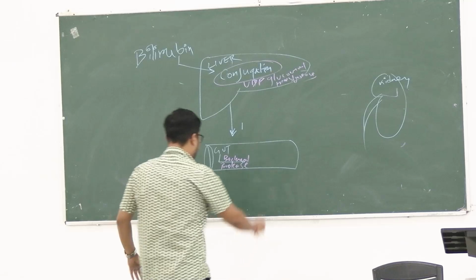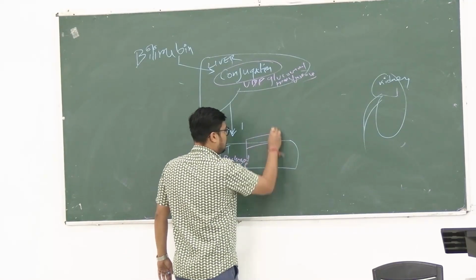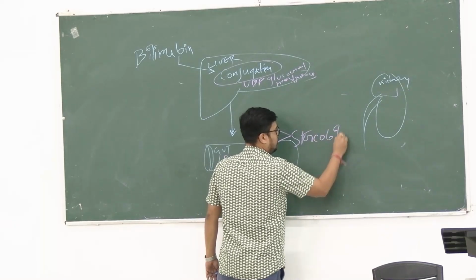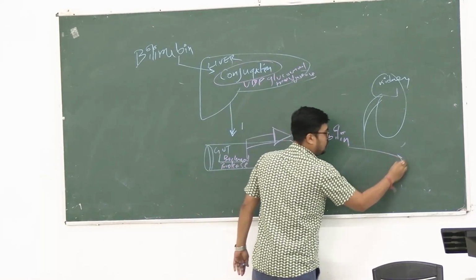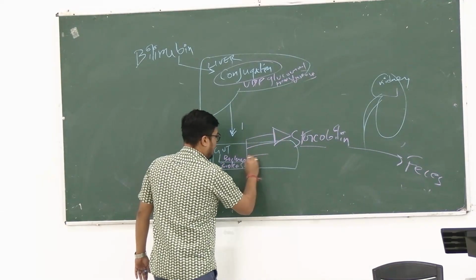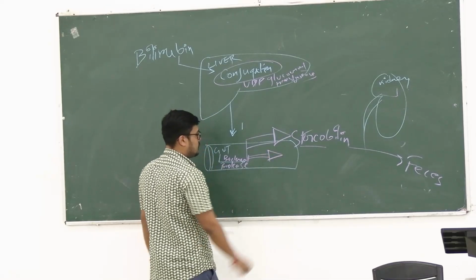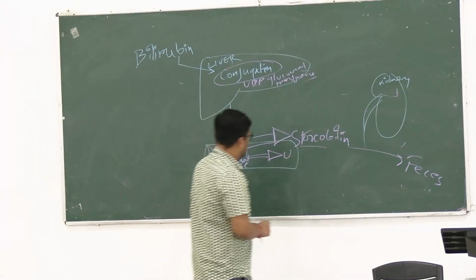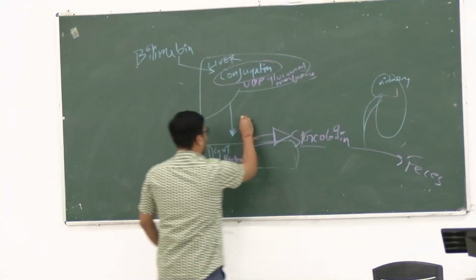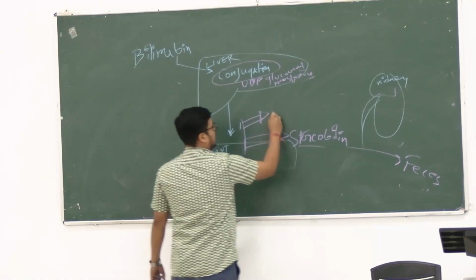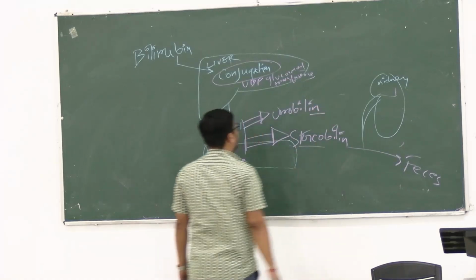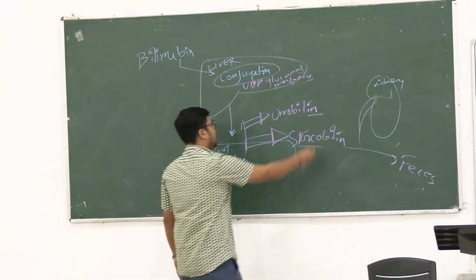So the major thing will be stercobilin that will eventually go to feces, and the minor portion is urobilin or urobilinogen.